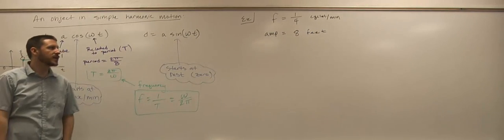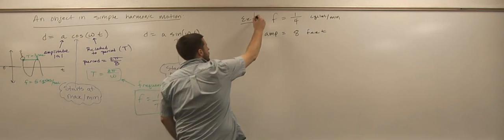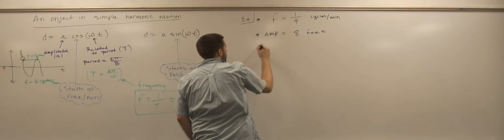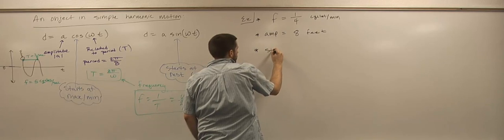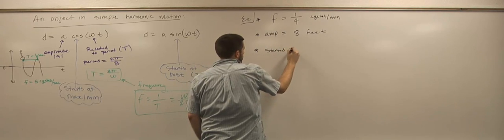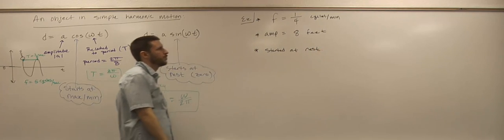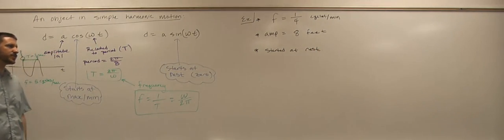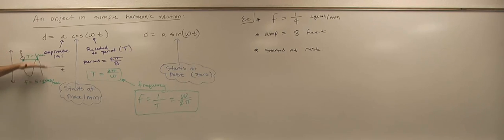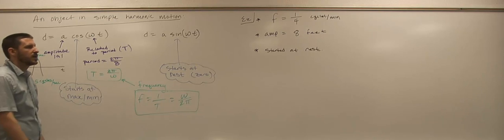Assuming the object started at rest, express its distance from equilibrium, so its distance from 0. Equilibrium is your rest position.